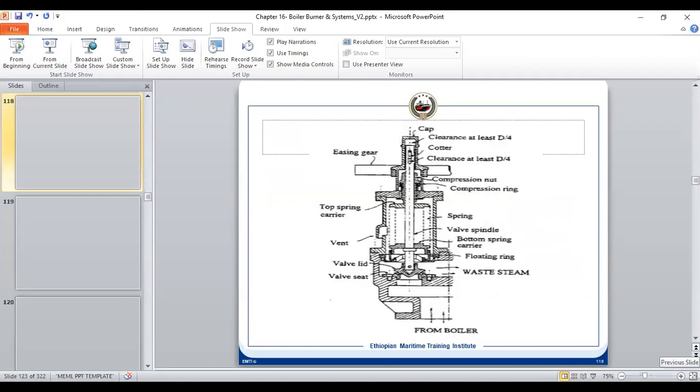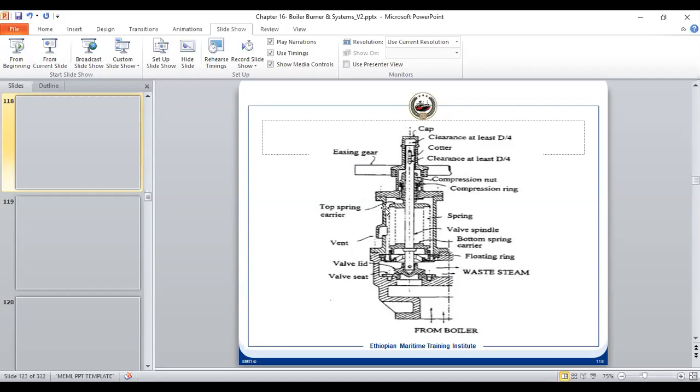Okay, we come to the high lift safety valve. Here you have your compression nut. This is your spindle. This dotted line is your spring, and you compress the spring using this compression nut. The compression nut is pushing down on this compression ring, and the spring pre-tension is being increased.